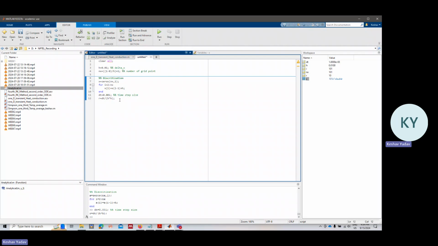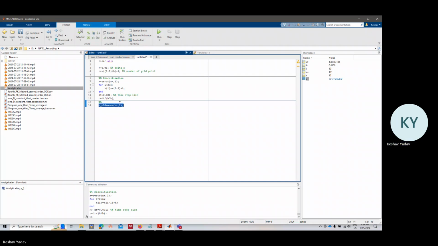Now I will define u old. U old will be equal to what? Initially the values are ones. So ones of nx comma 1 size. So my initial value is 1.